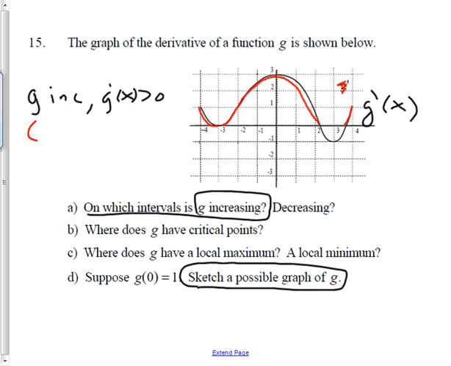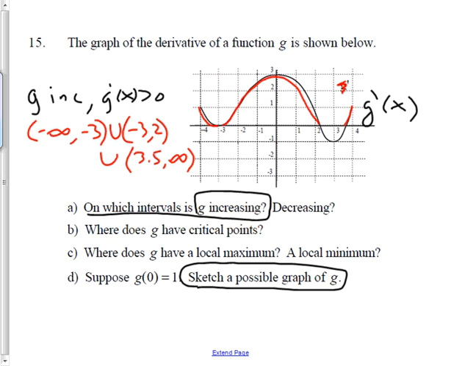It's increasing from -infinity up until -3, not including -3, because there it equals 0. From -3 to 2. And then from roughly 3.5 onwards to infinity. Notice that I'm using parentheses instead of brackets. The parentheses means not including those endpoints.